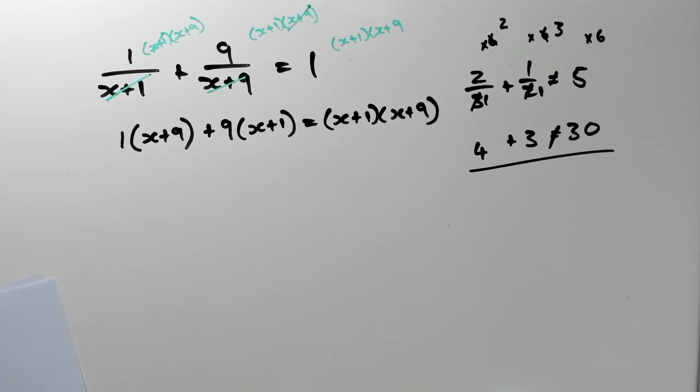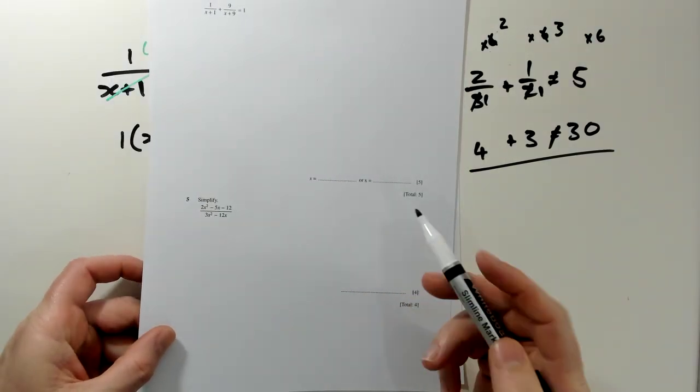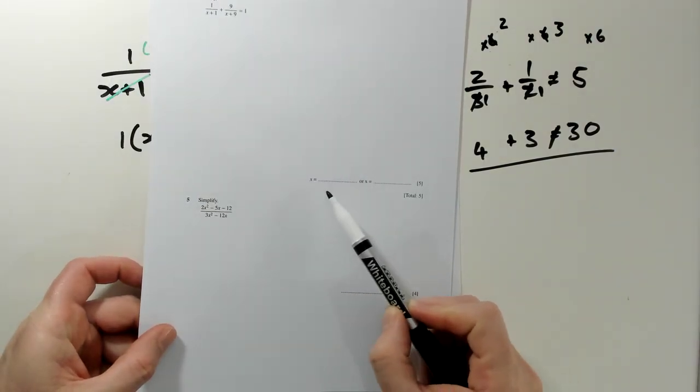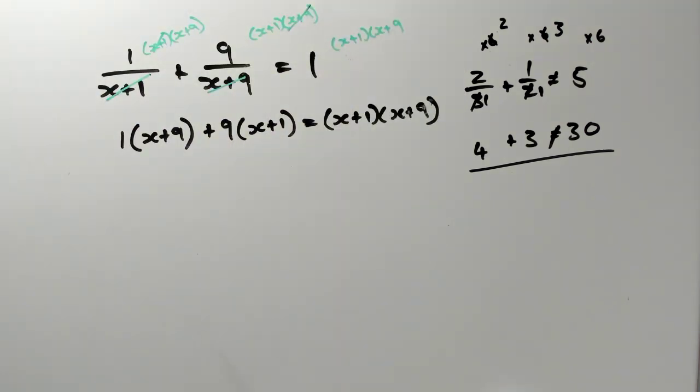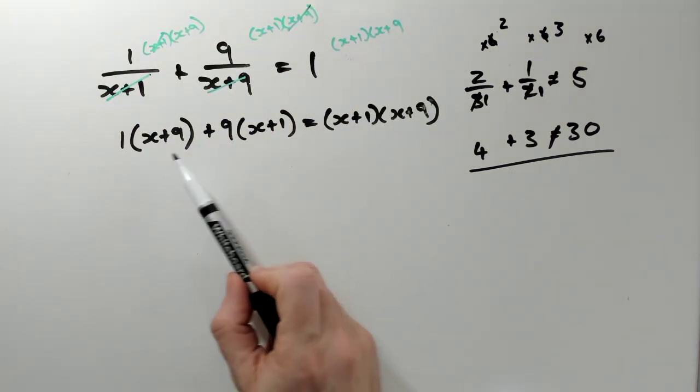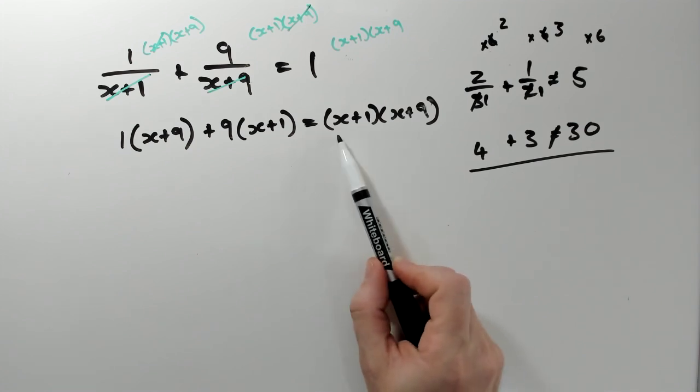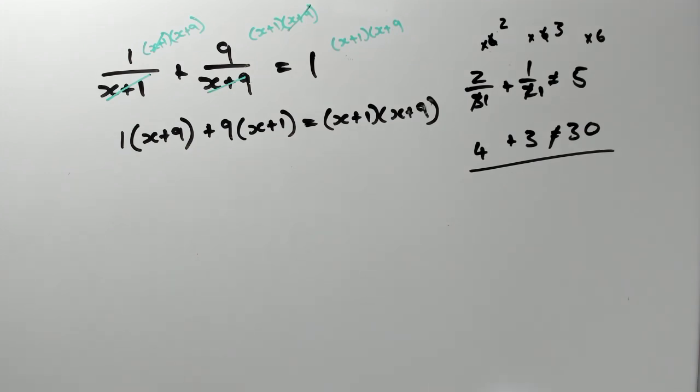Okay, if I look at my paper, I see I have 2 answers for this question, and it makes sense because I have an equation and it's going to be a quadratic equation at the end, so obviously I'll have 2 answers. I'm just going to expand the brackets.